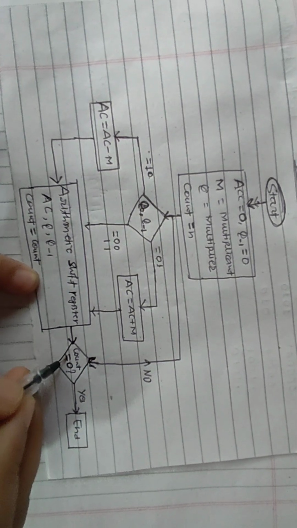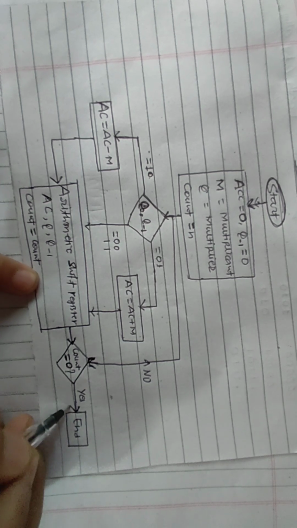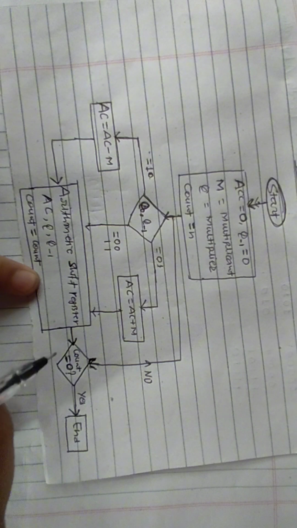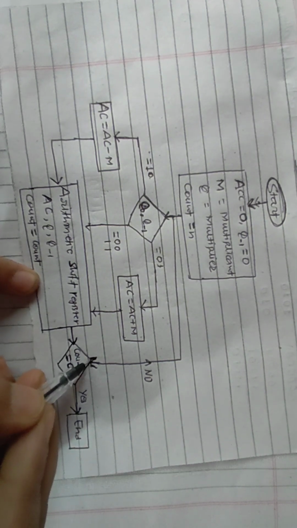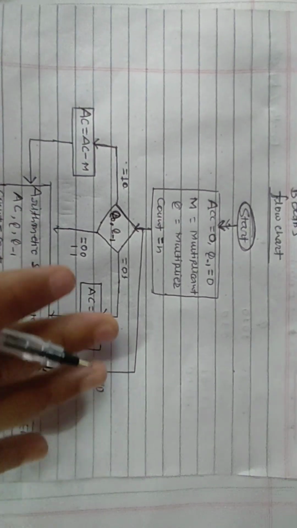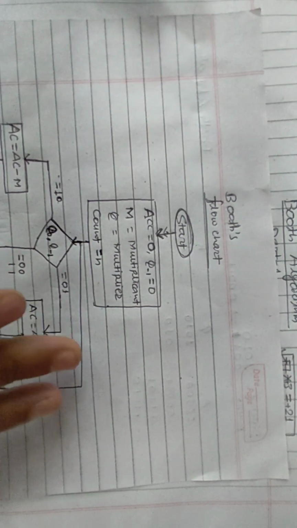If the value of count is 0, then the process will be terminated, and you can get the exact result of the multiplication of two numbers. If not, then we continue the process until the value is 0. So this is the simple Booth algorithm, but after doing the calculation we can be clearer about it. So let's start doing the numerical problems of the Booth algorithm.